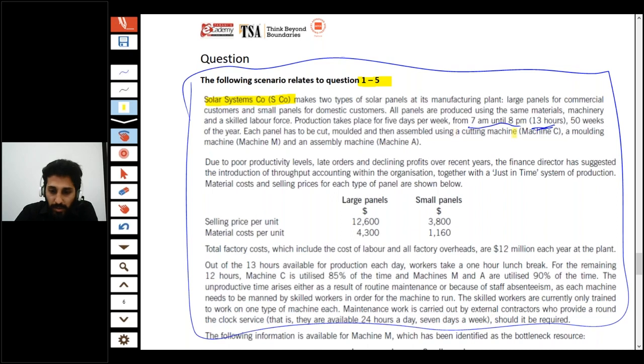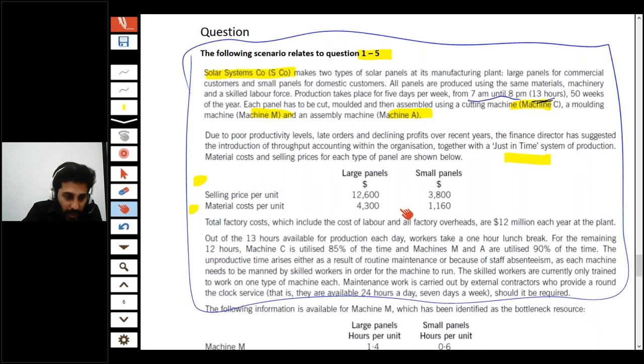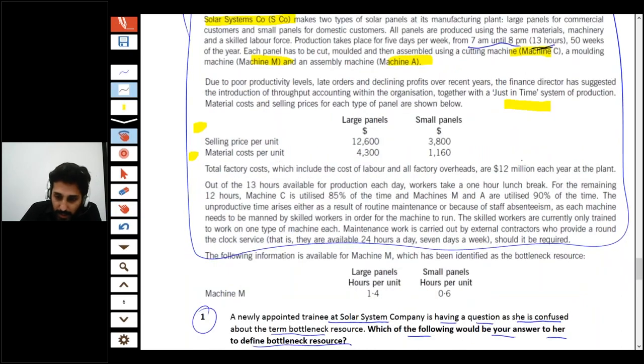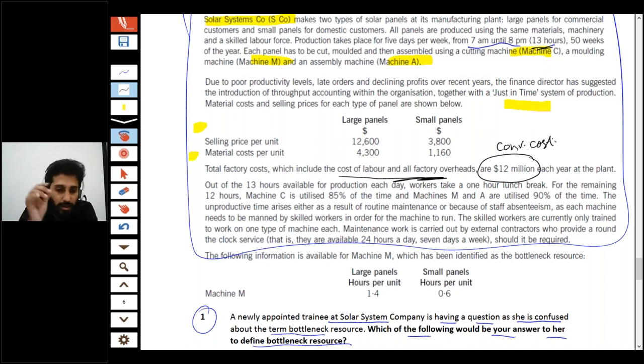They are using machine C, machine M, machine A. These are the information, selling price and material cost. Out of this, 12 million is the cost of labor and all factory overheads. That means it is the conversion cost.